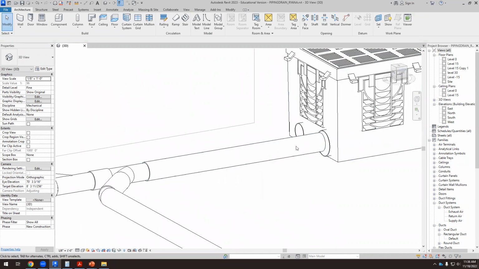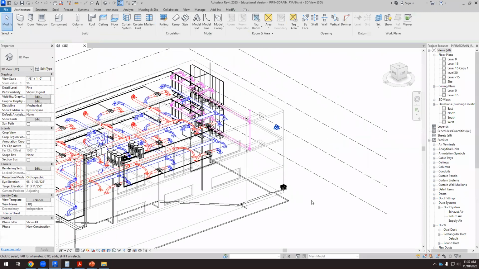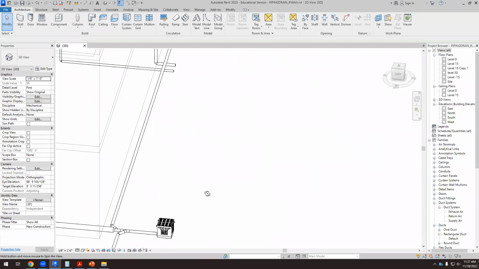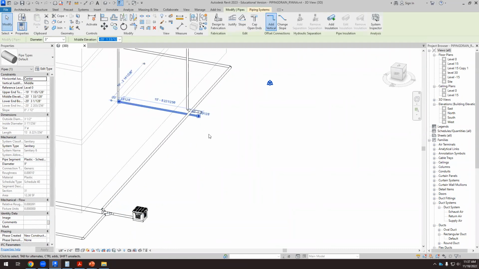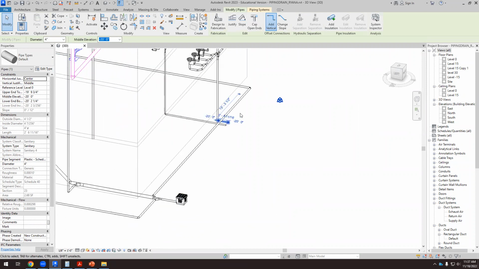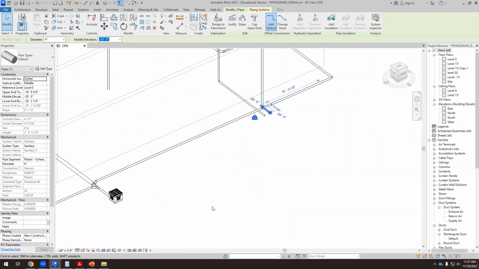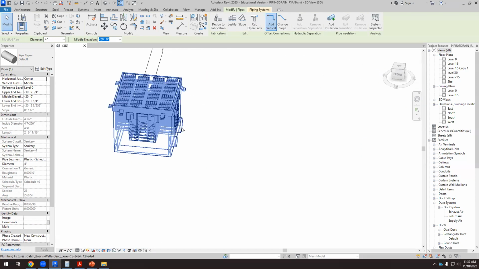So we need this connection for the rainwater, the gray water, and this. So we need about 3 boxes like this here, and then we can move this to the city sewer.